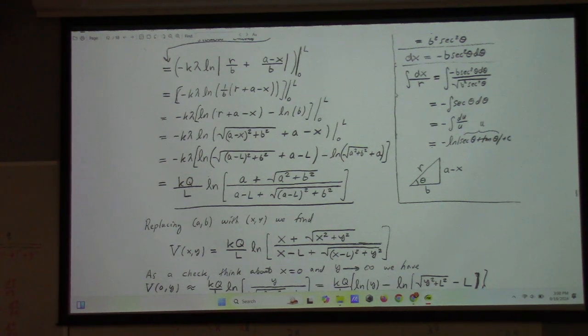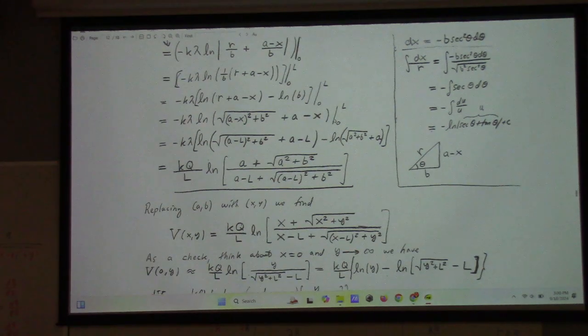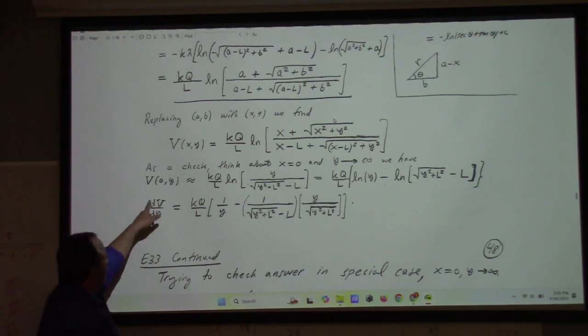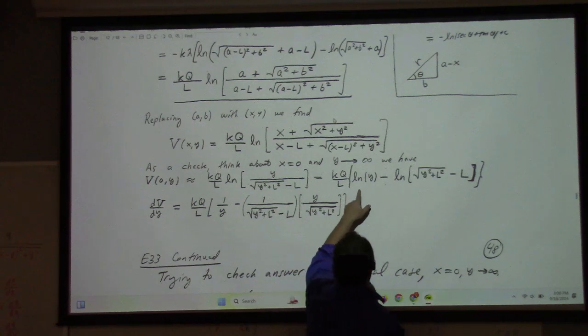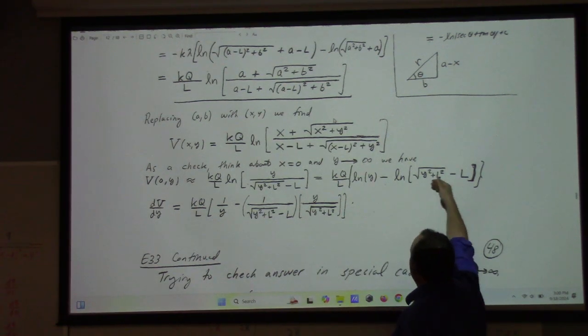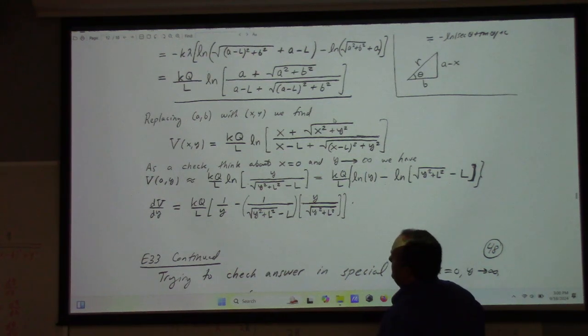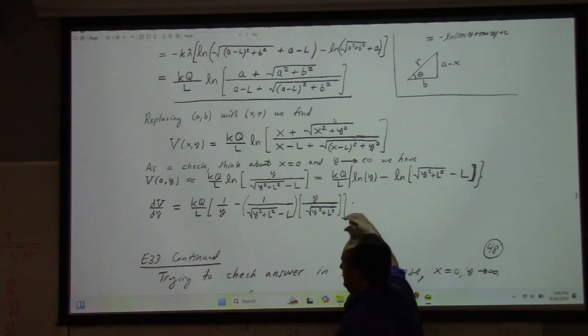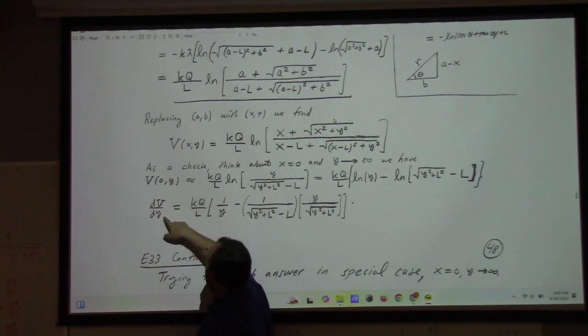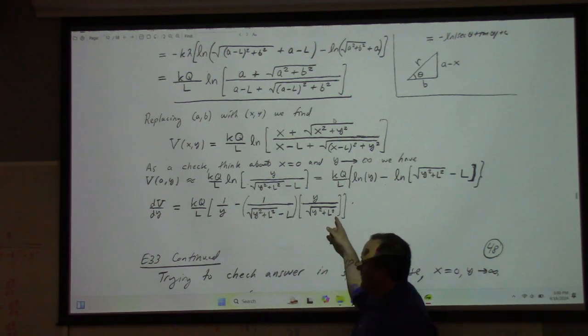We have charge Q distributed over a line segment. It should look like what, eventually? So it's this, which is that. And so you could put these two things together. Let's see, what do I got here? Oh, so I differentiated it with respect to Y. And if I do that, I get this, right?